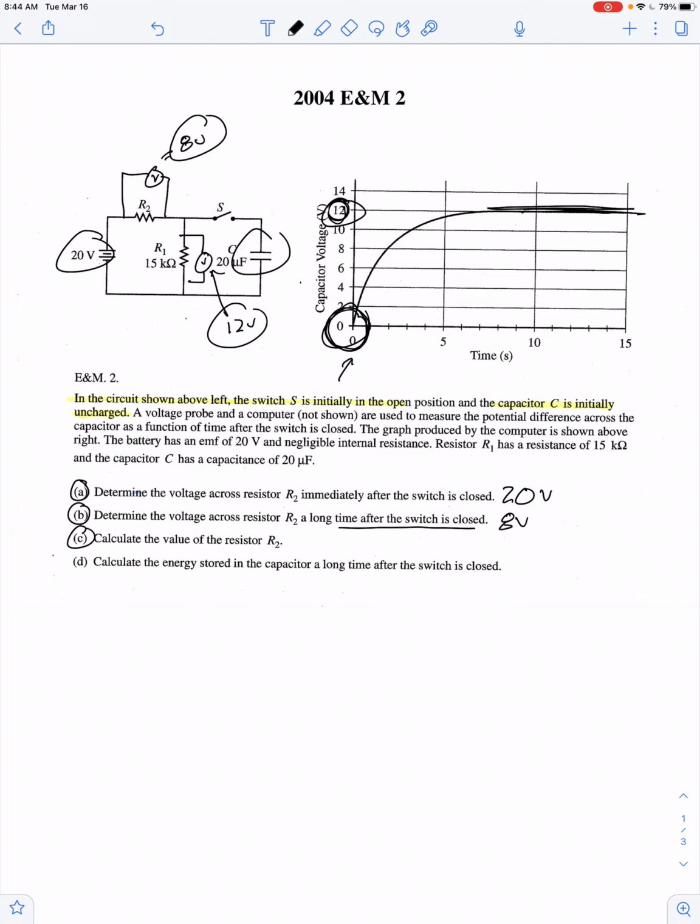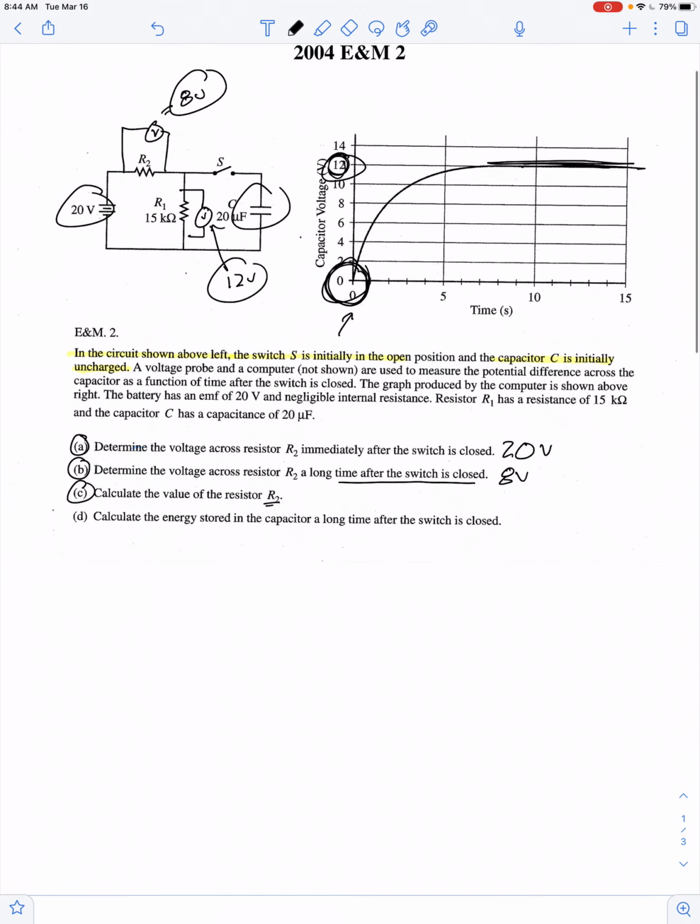So what's the value of this resistor number 2? Well, let's see. The voltage across resistor number 1 compared to the voltage across resistor number 2 as a ratio is in the ratio of 12 to 8. Or what's that, in the ratio of 3 to 2?